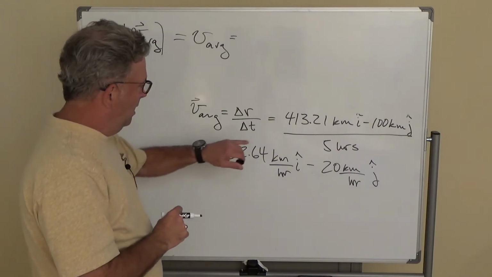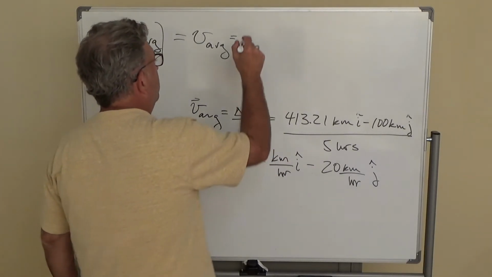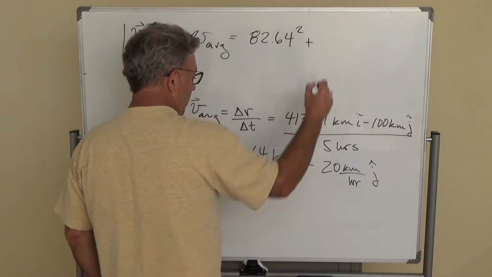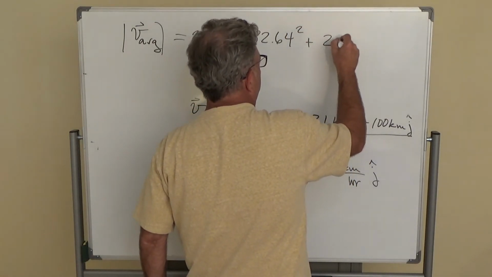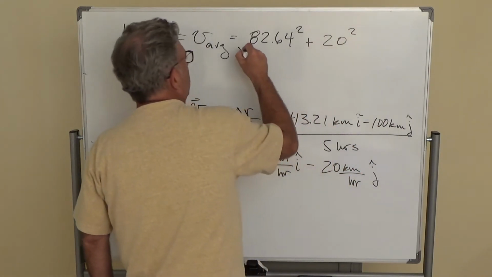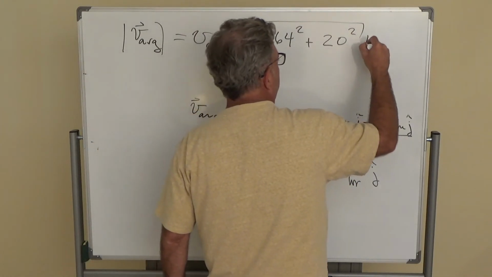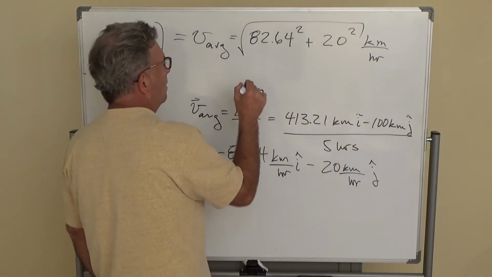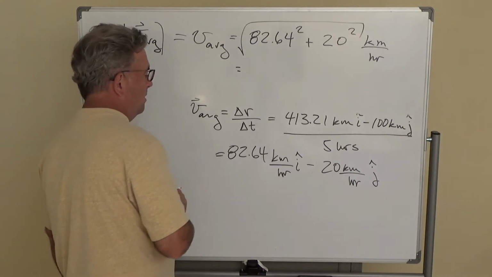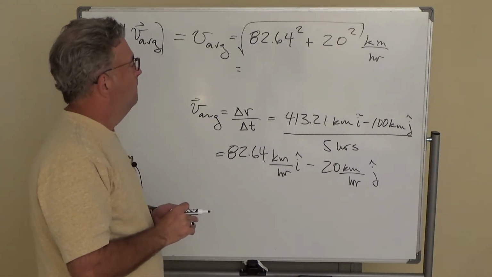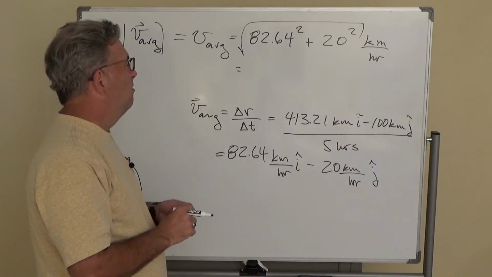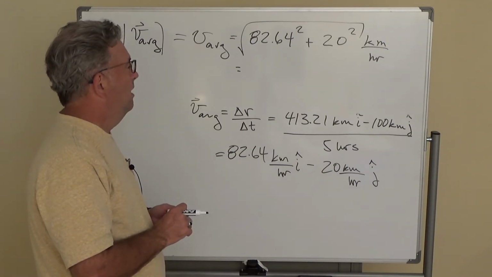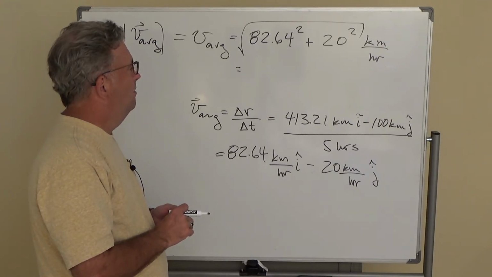So this would be the square root of 82.64 squared plus 20 squared, kilometers per hour. And can you please calculate this? That's about, I don't know, should be about 85, I don't know.